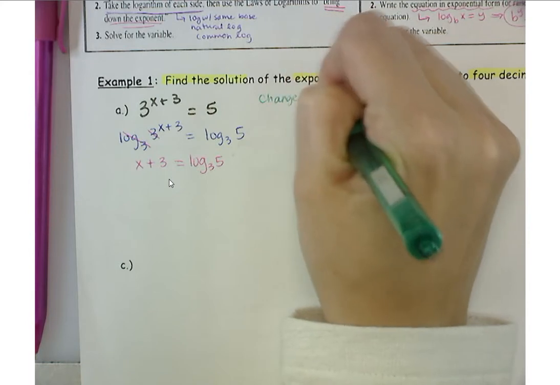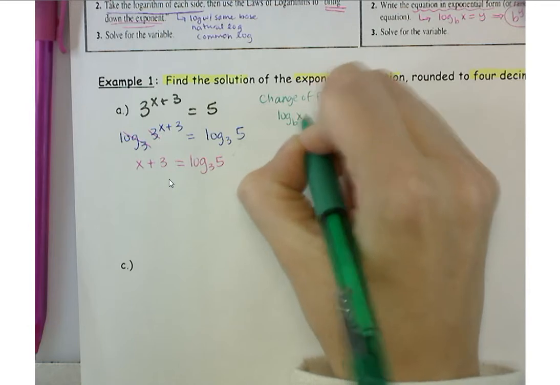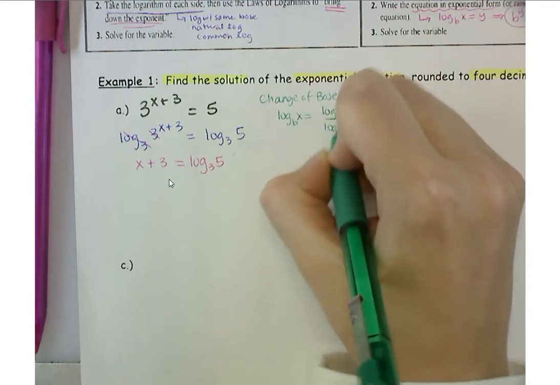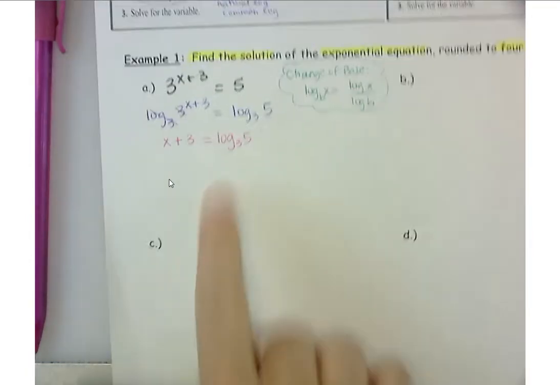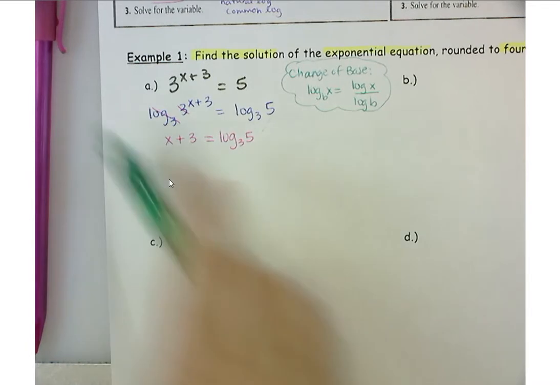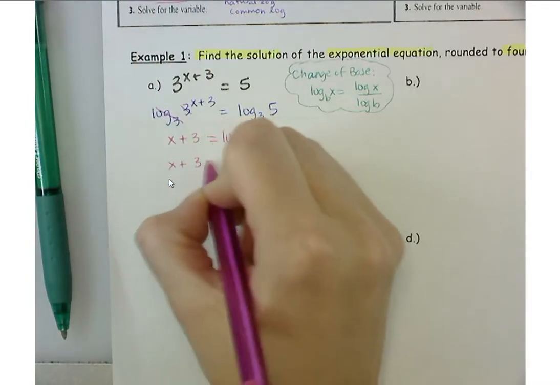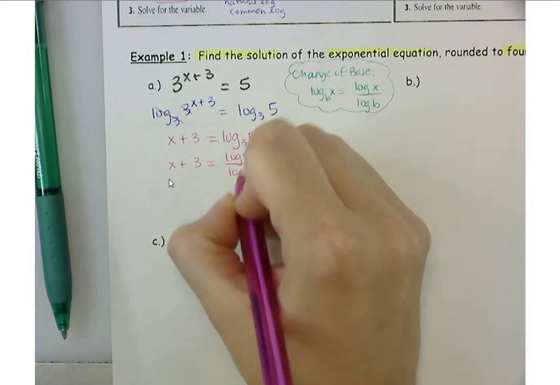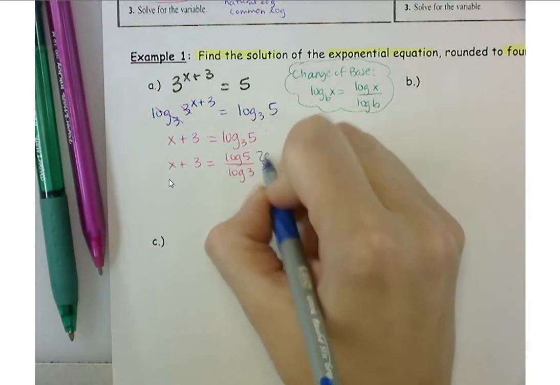The change of base formula, if you have log base b of x, means you can rewrite this as the log of x divided by the log of b. So that's what we're going to use on this side. Because again, we only have our scientific calculator, so we can't just change our log. We're going to have to use the change of base.